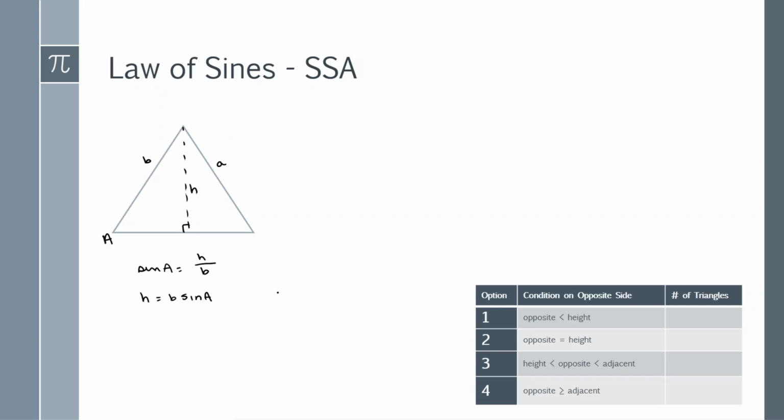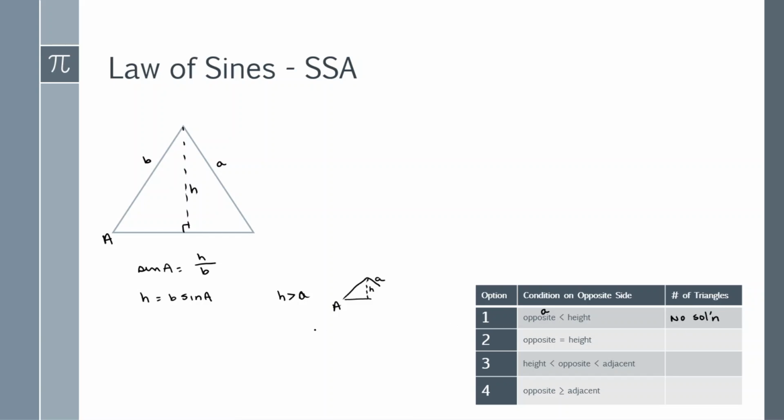So if H is greater than A, then what we get is this triangle, and here's our height, but A is too short. So if A, our opposite, is less than the height, we actually have no solution.